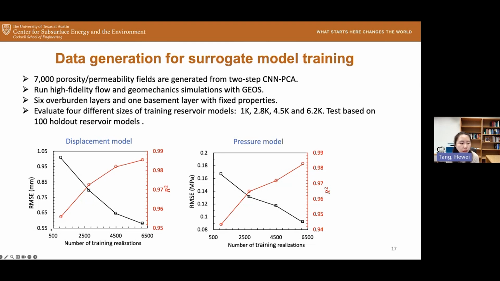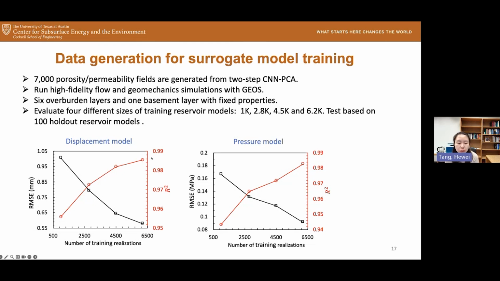When we evaluate the accuracy of these different models trained with different amounts of training data, we evaluate based on RMSE and R-square. And we find that we do need around 6,000 training data to achieve a good accuracy.